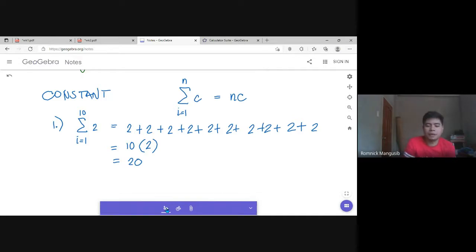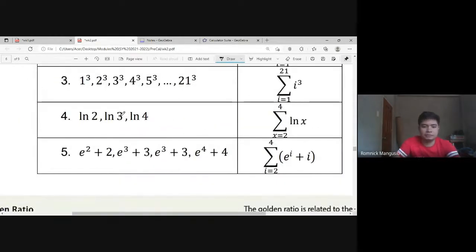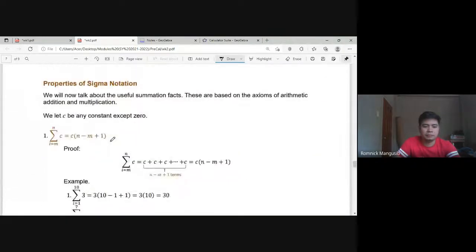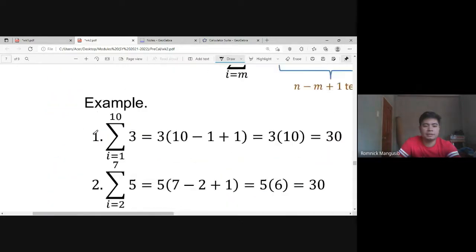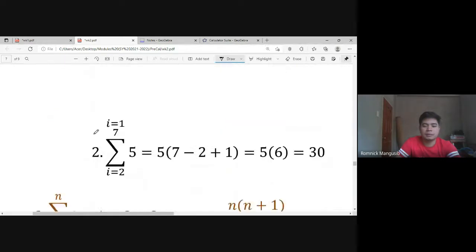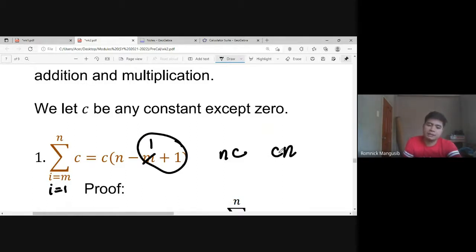Ang clue dito, magagawa mo lang yung ganyang formula. Okay? On our second week kasi, ano ba yung ginamit kong formula? Okay. Ito yung ibinigay kong formula pagdating sa constant. Pero ang ibig sabihin nito, class, kapag nag-start ka sa 1, pag nag-start ka sa 1, this is simply 1. And this is 0. Kaya naging NC, ganun lang siya, or CN. Pag nag-start ka sa 1.